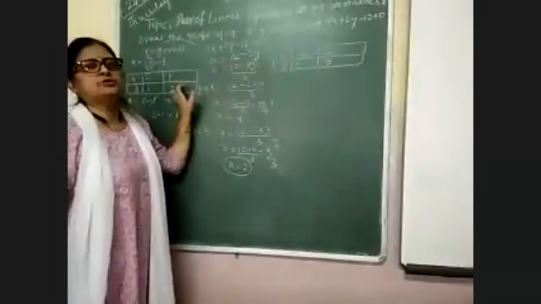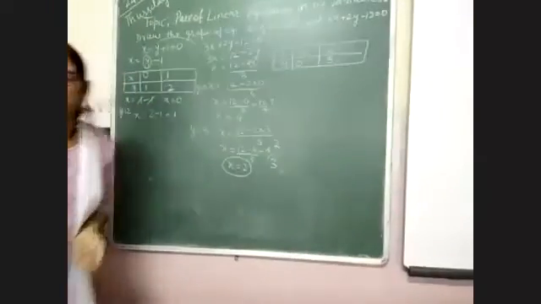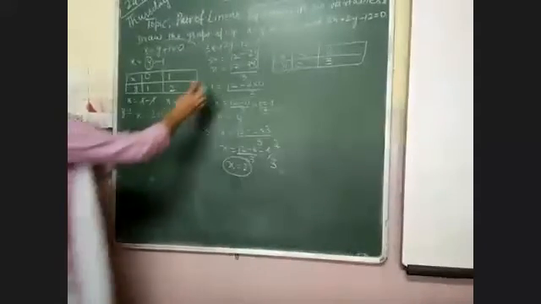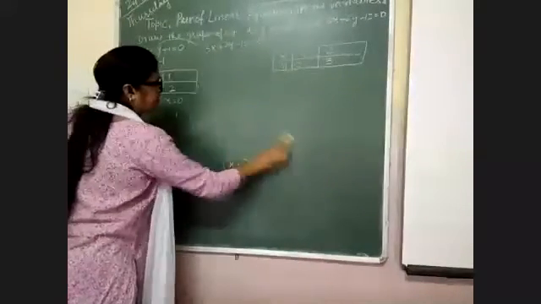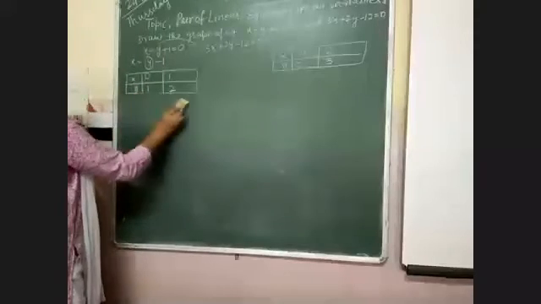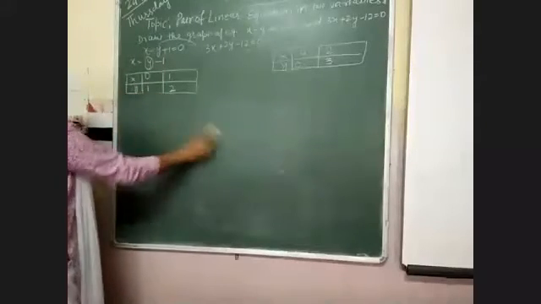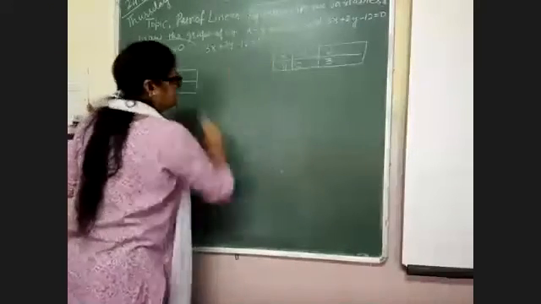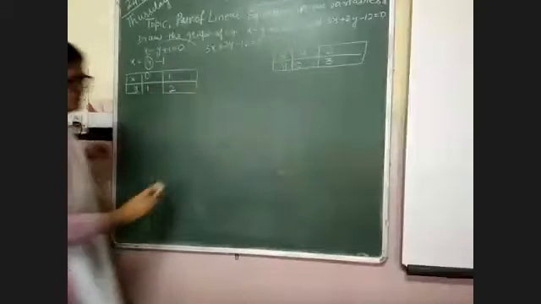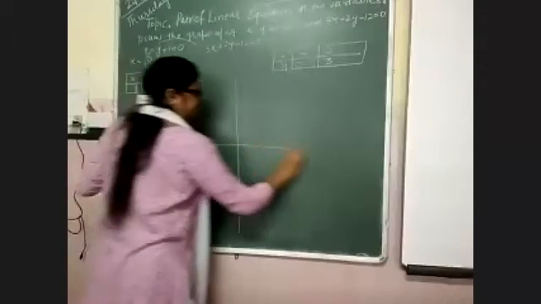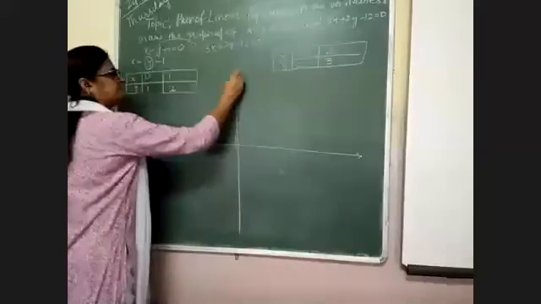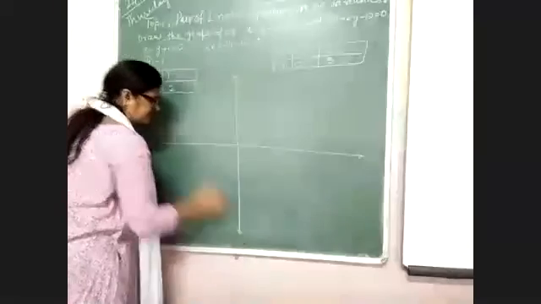Now these are your two tables and you have to draw them on the graph and then see where the triangle is formed on the x-axis. These are your two tables. Now I have to make the graph. Equal distance you will take.